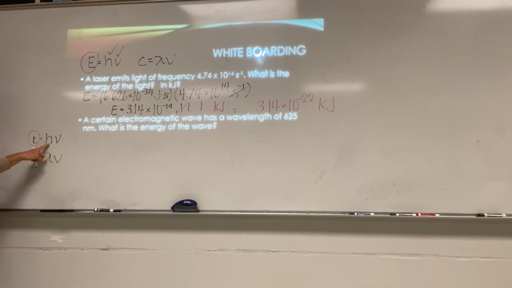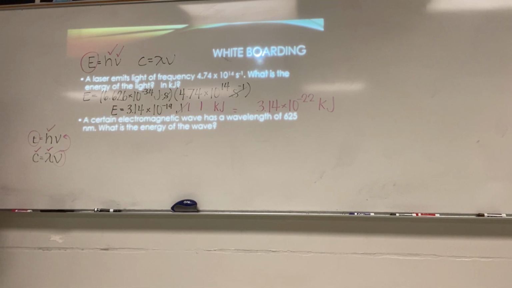Do I know H? Yes, it's a constant. Do I know my frequency? Nope. So can I start here? Nope. Let's do this formula. Okay, I know C. Do I know wavelength? Yes. So now I can calculate my frequency and plug it in order to solve for my energy.